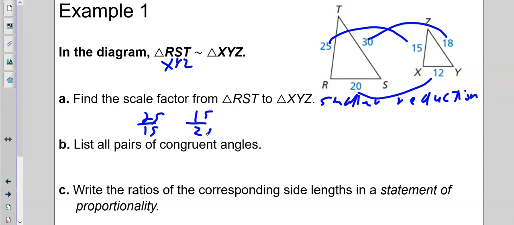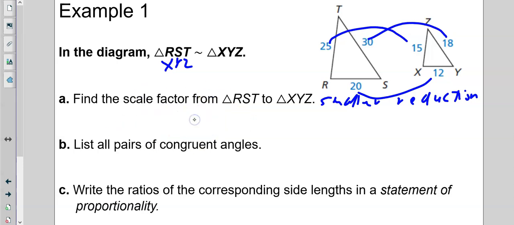This is where a little common sense comes in. We're getting smaller. In the first one, the top number is bigger than the bottom number, which means it's bigger than 1. Here we have a proper fraction, where the top is smaller than the bottom, which means this is less than 1. We're getting smaller on that one.